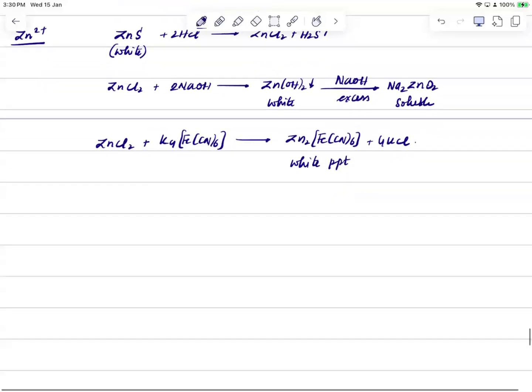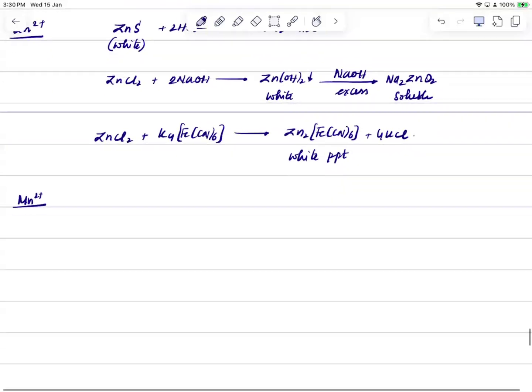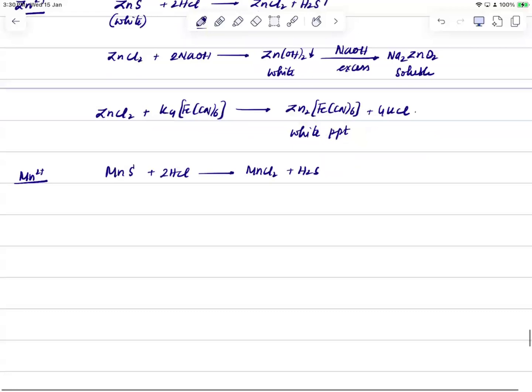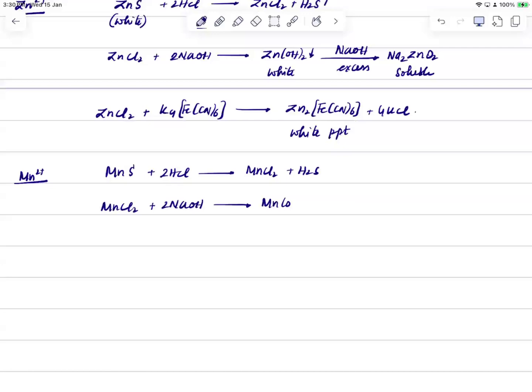Then manganese, Mn2+, right? These areas haven't been asked very much in JEE Mains, I'm just writing in case, okay? So MnCl2 plus H2S. And here MnS, interestingly, just like zinc, also forms a white PPT.